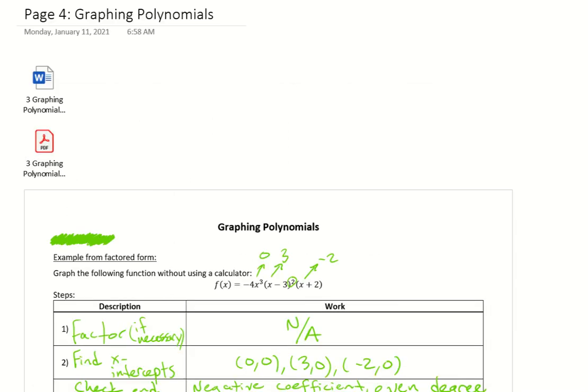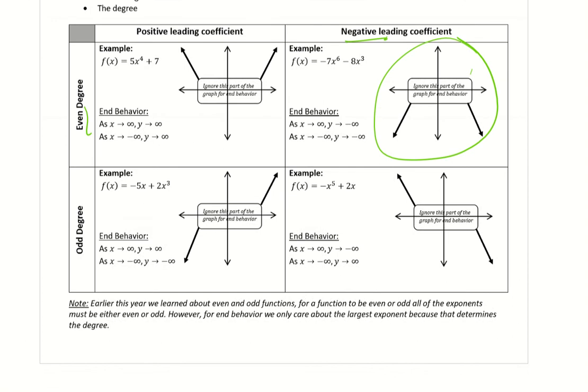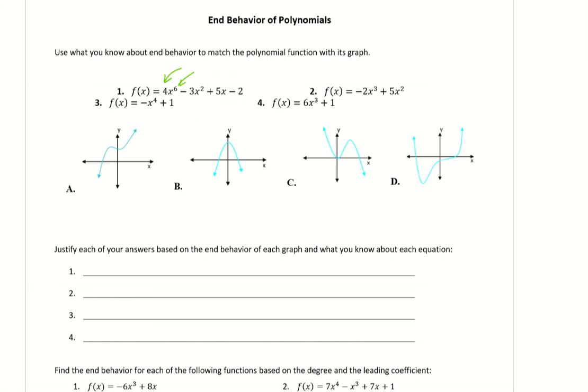So if we look at our notes for end behavior, we have a positive leading coefficient and an even degree, so we're looking at 2 arrows pointing upward. So that's going to be this one, D. So 1 is D, and I can just say positive leading coefficient, even degree.